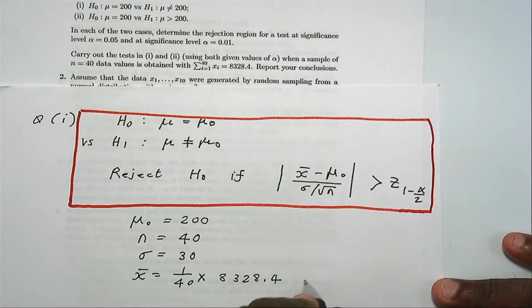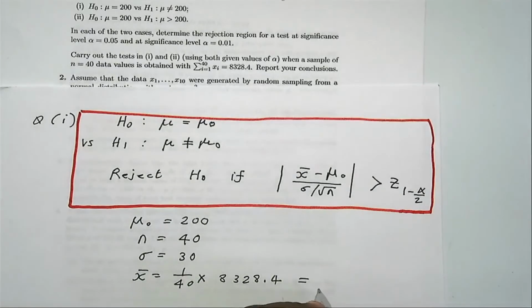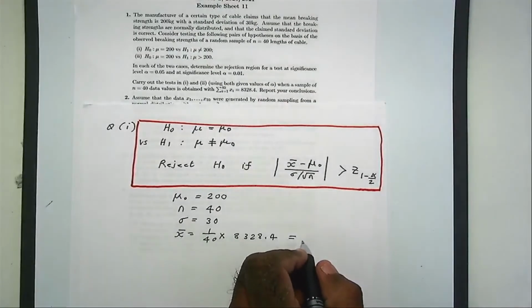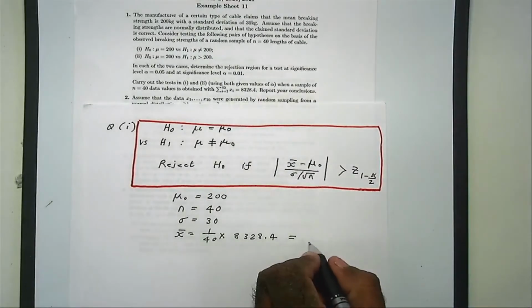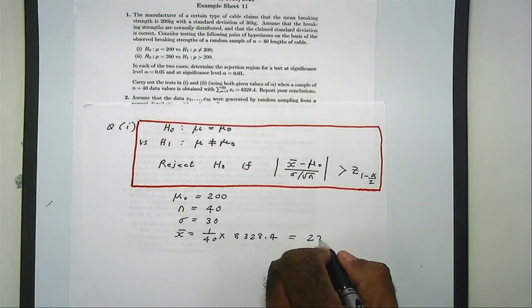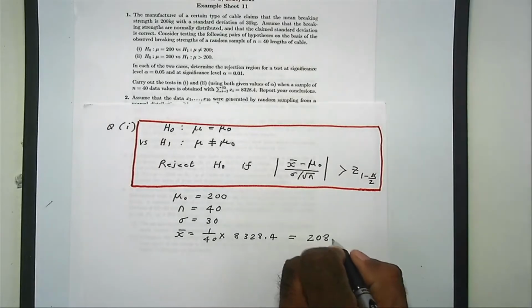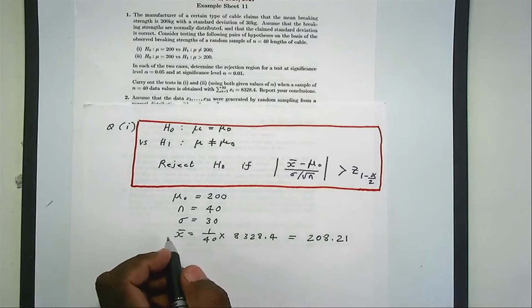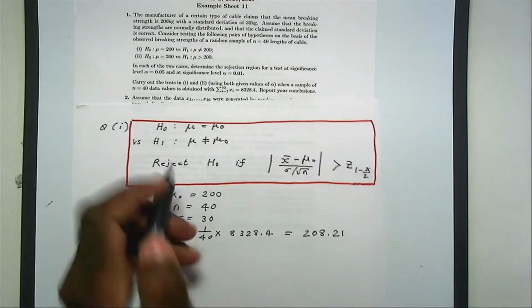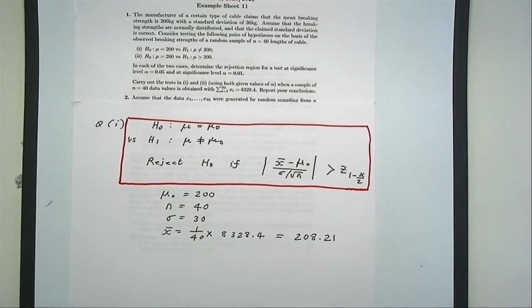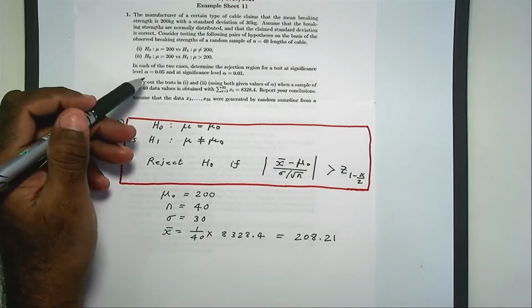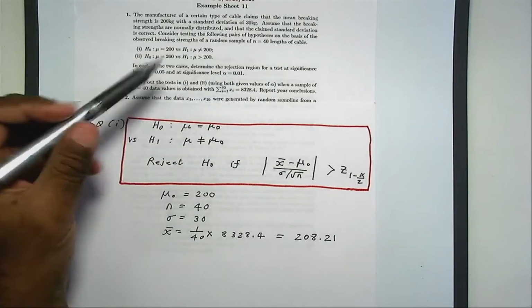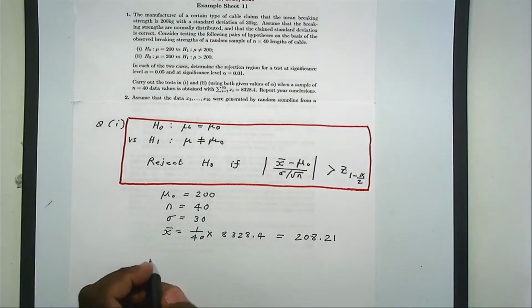You should work this out. It will be 208.21. And for alpha, we're going to use 2 different values. We're going to take alpha to be 0.05 or 0.01.